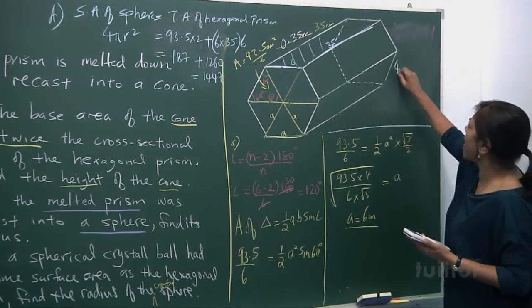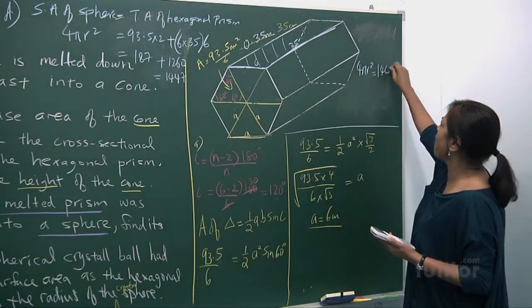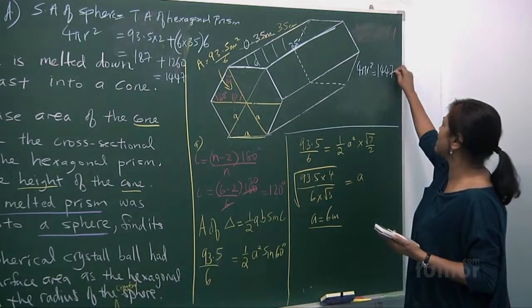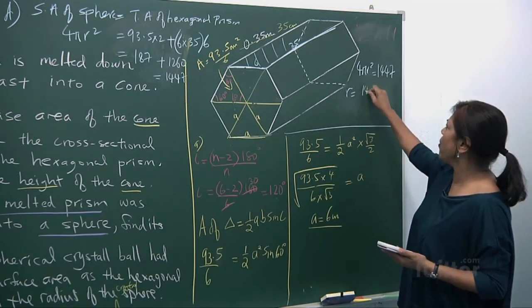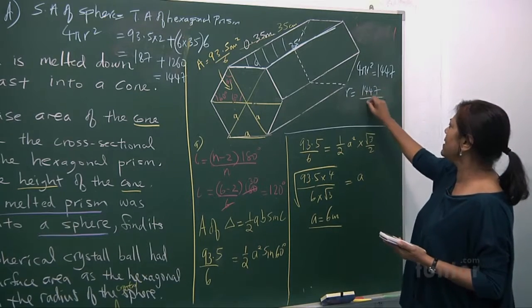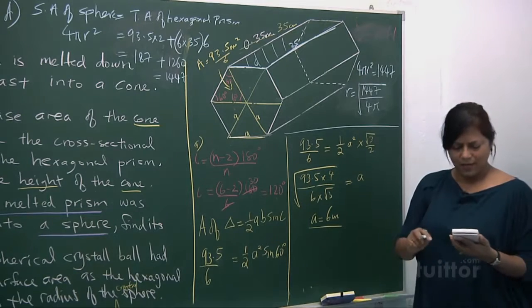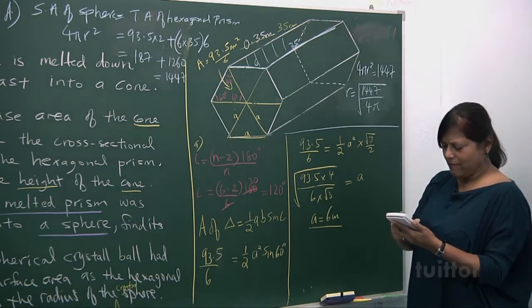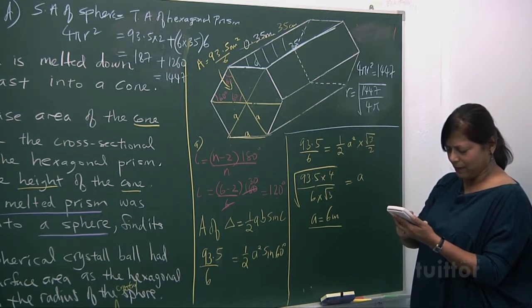Now my dear, let's take the space here. The 4 pi r squared is equal to 1447 cm squared, area to area. The radius is going to be 1447 divided by 4 pi, and you're going to find the square root. So you're going to divide it. Remember to put your bracket when you divide: 4 times pi, close bracket.